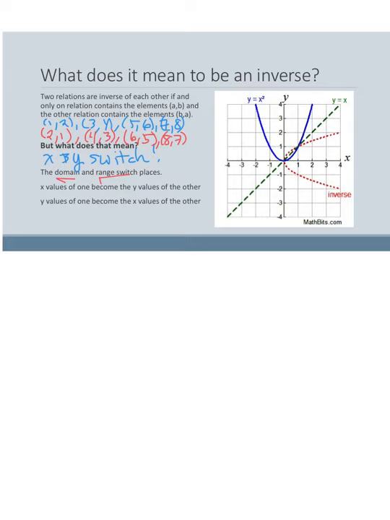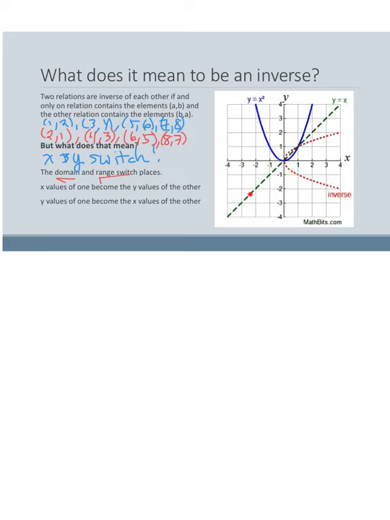Then the other thing I want you to look at is, remember how we were talking about how, when we looked at a graph, we could tell whether it was a function by applying the vertical line test. If I apply the vertical line test to this blue line, this parabola, the parabola is a function because it passes the vertical line test. Now I'm not going to make you graph the inverse, but if we did, it would be this sideways parabola right here.